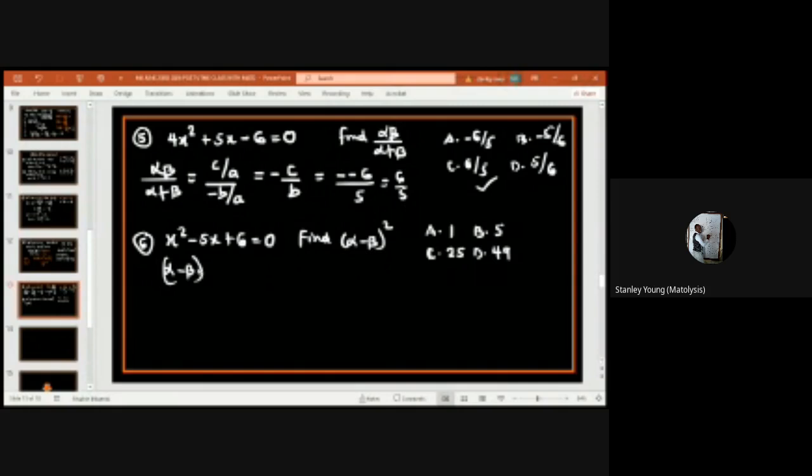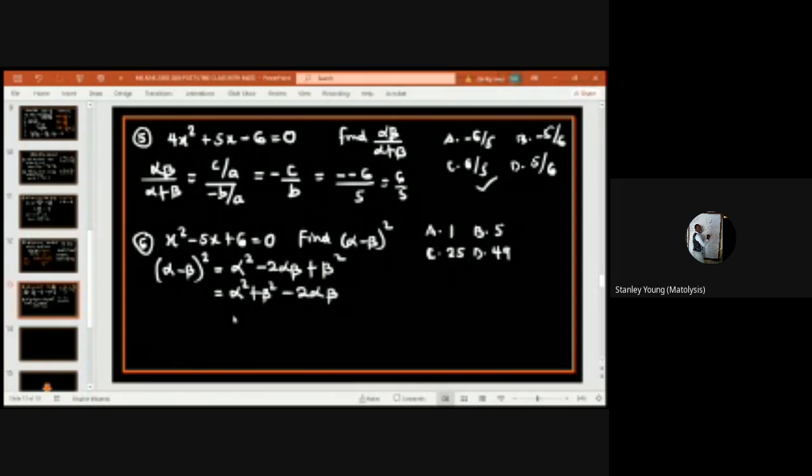Now, I want to assume you don't know the formula for alpha minus beta all square, so I'll just go through the usual way. Expand this. This is going to give you alpha squared minus 2 alpha beta plus beta squared. Then regroup it: alpha square plus beta square minus 2 alpha beta.